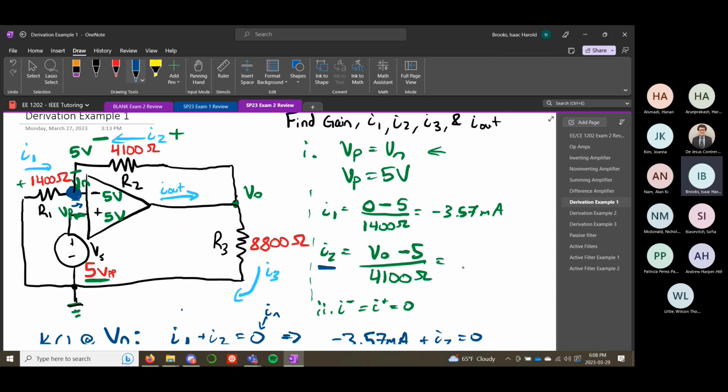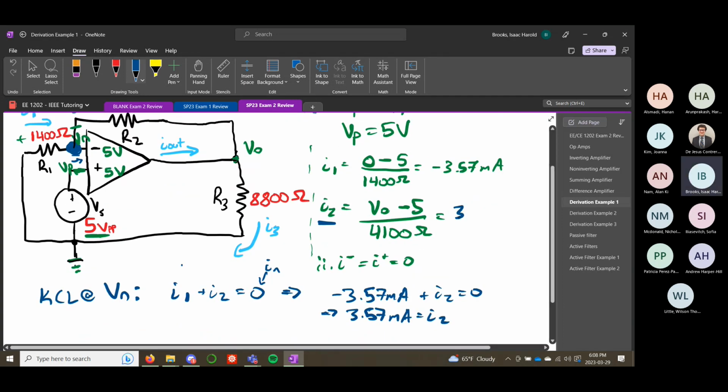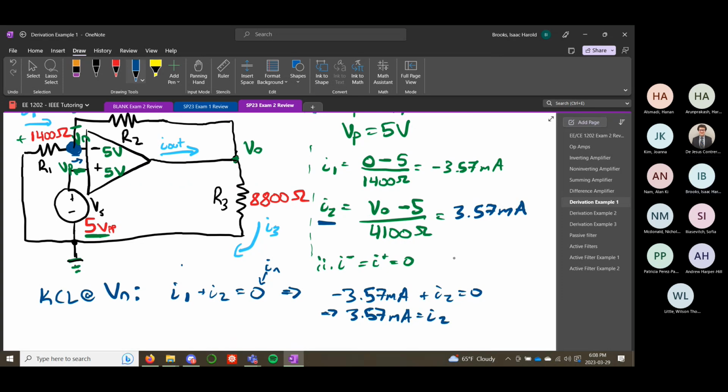So this equals 3.57 milliamps, and if we solve for V out, we do times 4100 plus 5, and I get that V out is 19.64 volts.